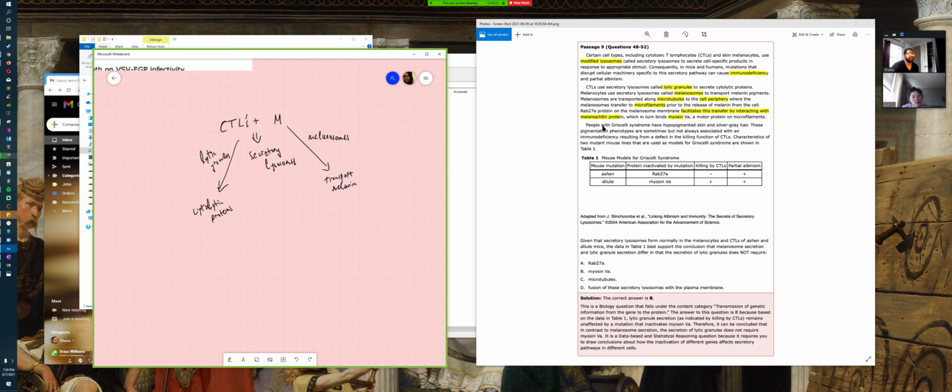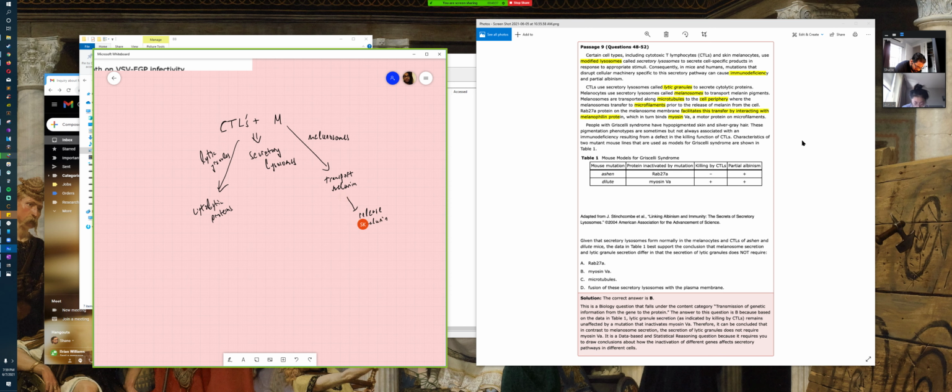Let's see. Since this thing has Rab and stuff. They transport it and then they release it.